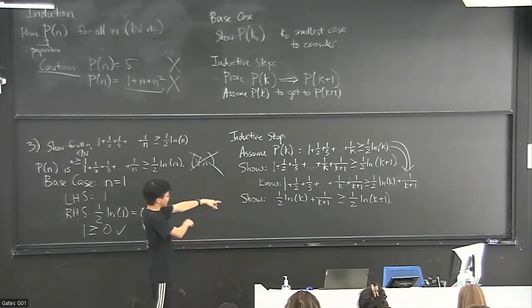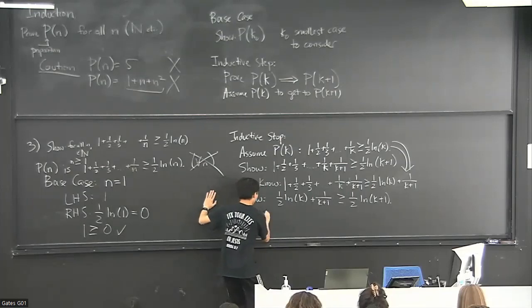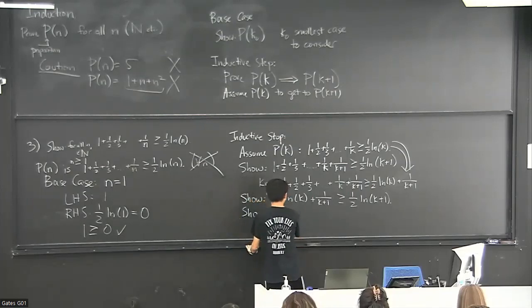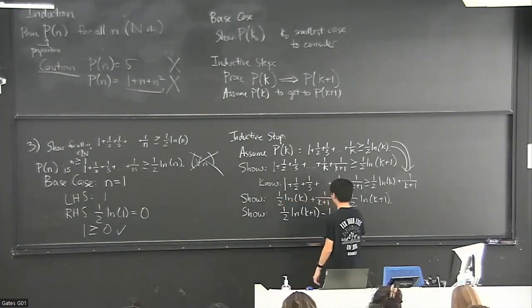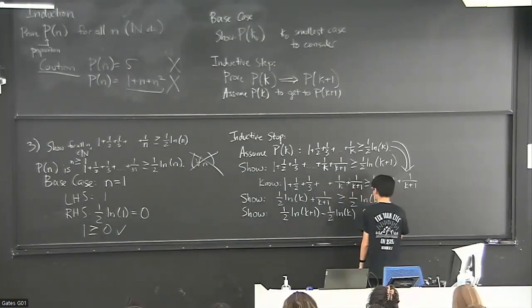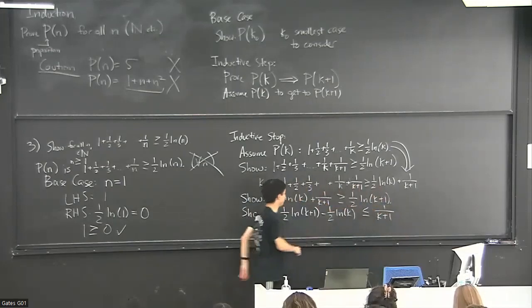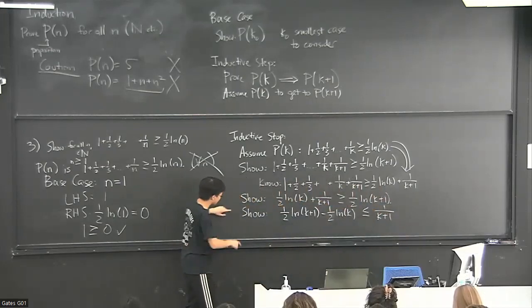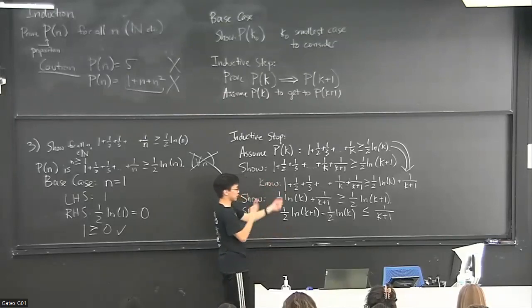So I'm going to rewrite my goal like this: 1/2 ln k plus 1 minus 1/2 ln k plus 1 over k plus 1. Notice this is the same as this, I just moved this over here and flipped them around. As long as I can show this, I can get here by just algebra rearrangement.